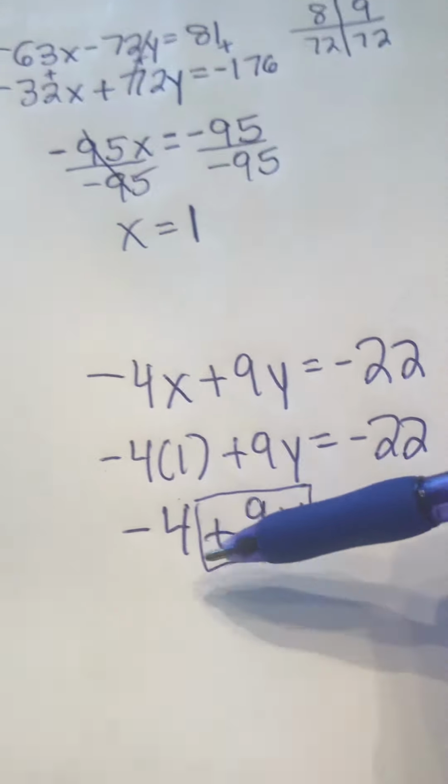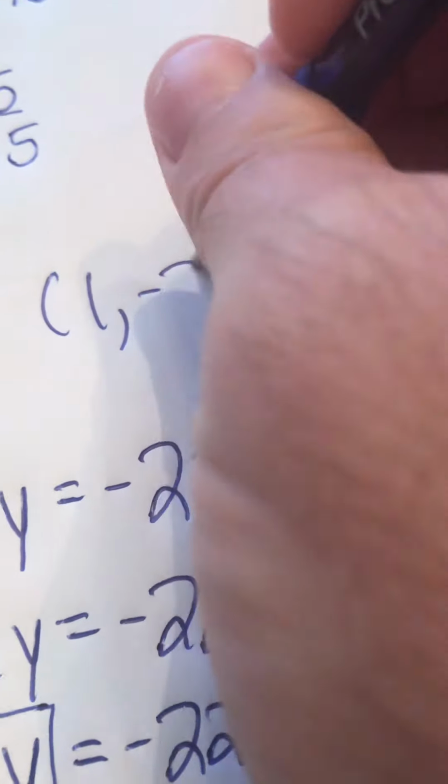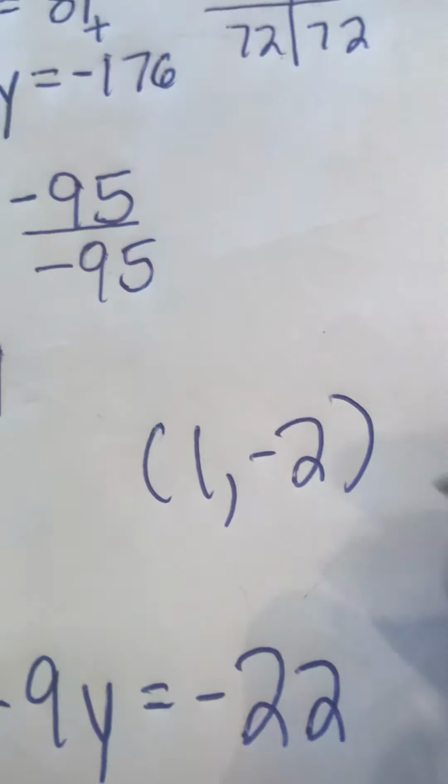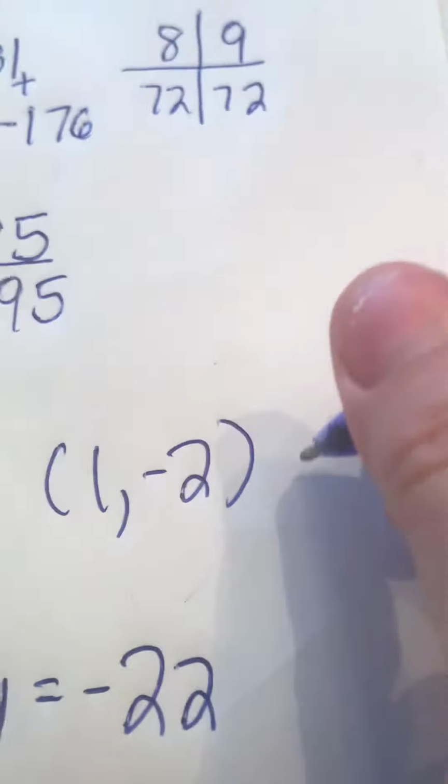I've got 9y equals negative 22 plus 4 is negative 18. Divide both by 9 now. y is equal to negative 2. So my solution for the second system, which is number 17 on your practice problems, is 1, negative 2.